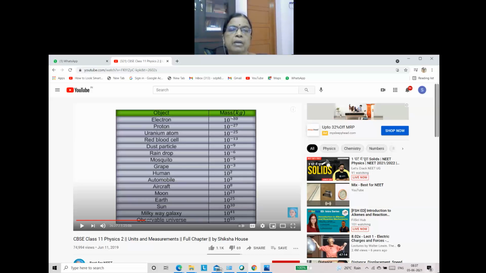So minus value, if it comes as an exponent, that means very, very small. Plus value, very, very big. Okay. So this electron mass, proton mass, you must know. Electron mass 10 raised to minus 30 kilogram. Proton mass 10 raised to minus 27 kilogram. Okay. And the other things are not much needed.